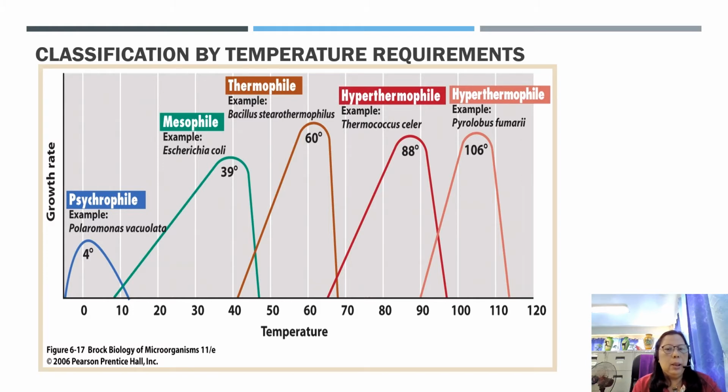Examples of psychrophiles, or those that live at low temperature, are the Polaromonas baculata. For mesophiles, of course, the very popular Escherichia coli. They reside in a temperature in which the body temperature is beyond normal. The normal body temperature is 37. If you have fever, you have a temperature of 39 degrees centigrade. And then you have also Bacillus stearothermophilus and Thermococcus celer and Pyrolobus fumarii, which are examples of thermophiles.